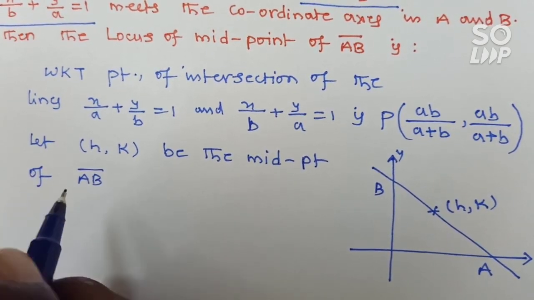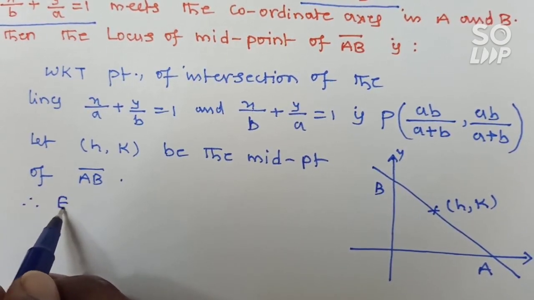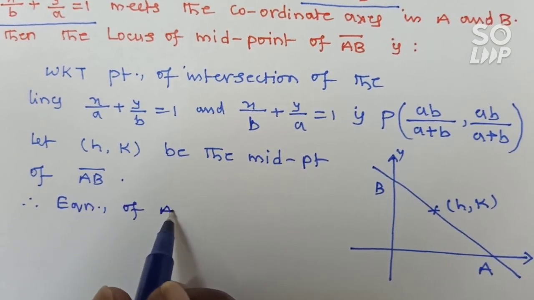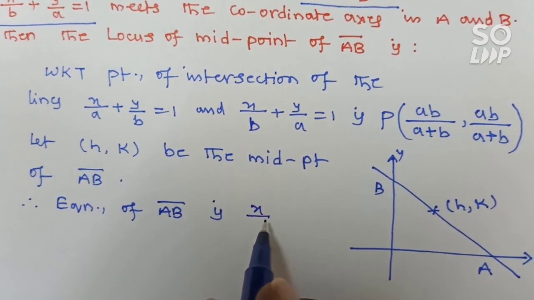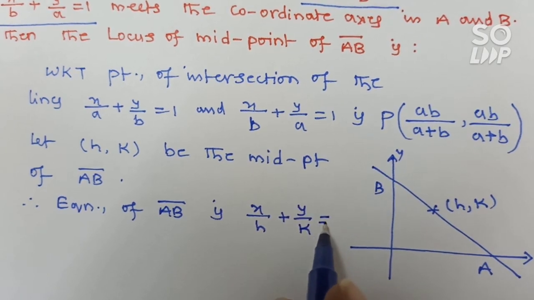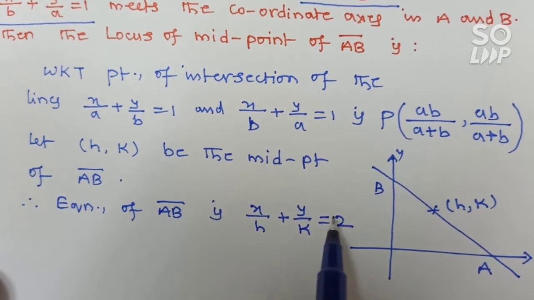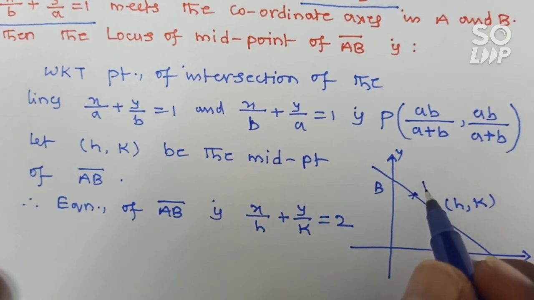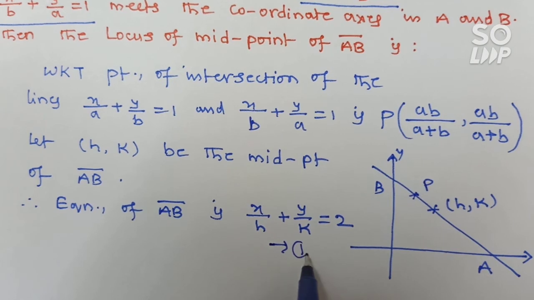Therefore, the equation of AB is x by h plus y by k is equal to 2. Already we know this one, right? So this is the variable line. This passes through which point? The P point, right? So let this be equation 1.